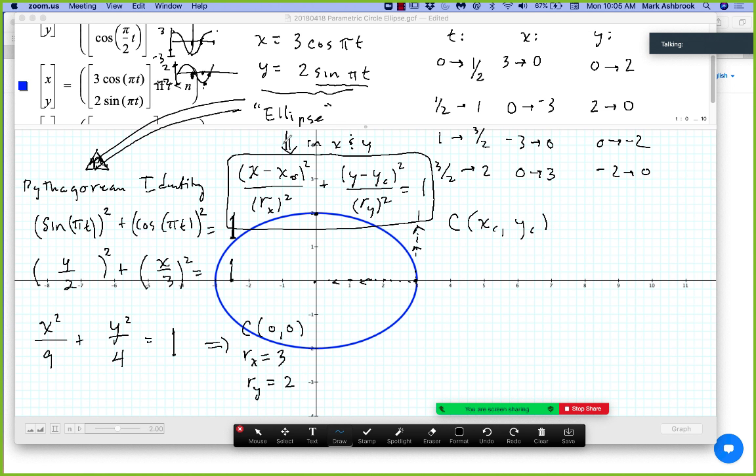So this equation of this ellipse is the same set of points as the parametric function that we sketched from the beginning: x equals 3 cosine pi t, and y equals 2 sine pi t.